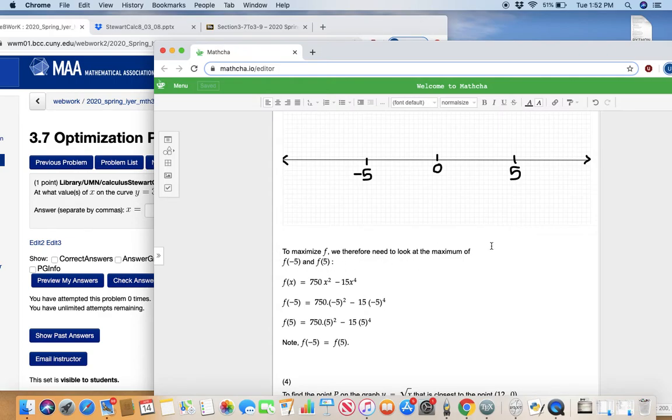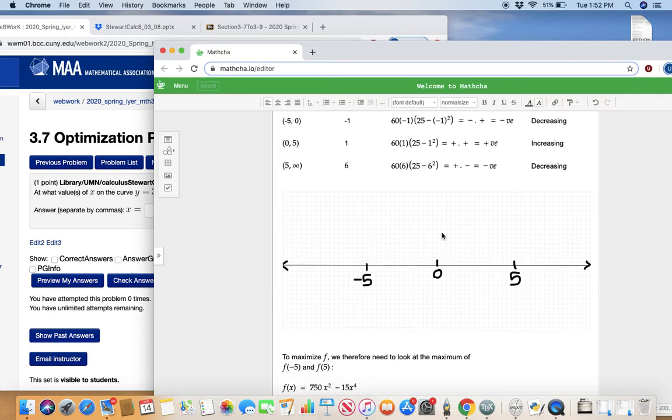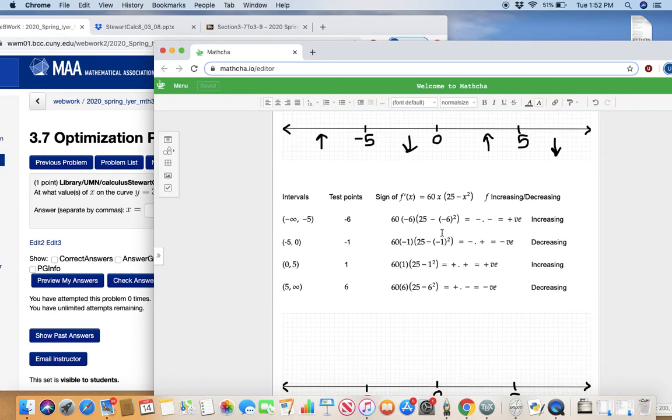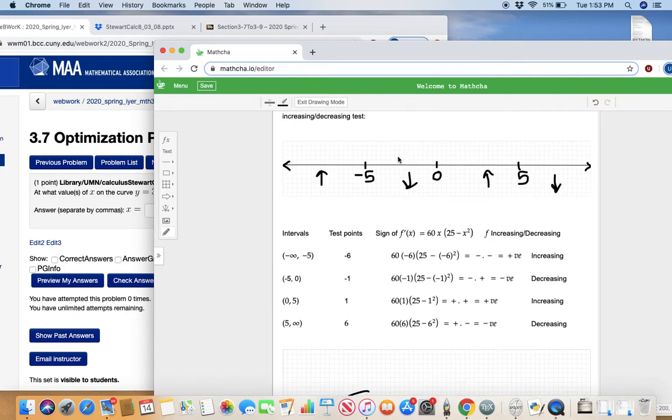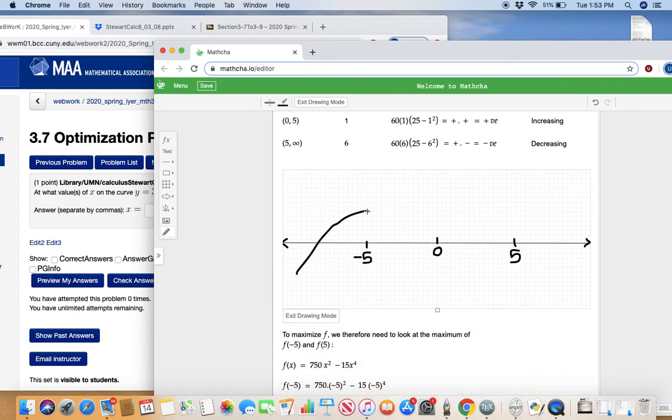Why only these two? Why not 0? Let's figure out. You see, I'm increasing here. So whatever I'm doing, I'm going to be increasing here. And then I'm decreasing.